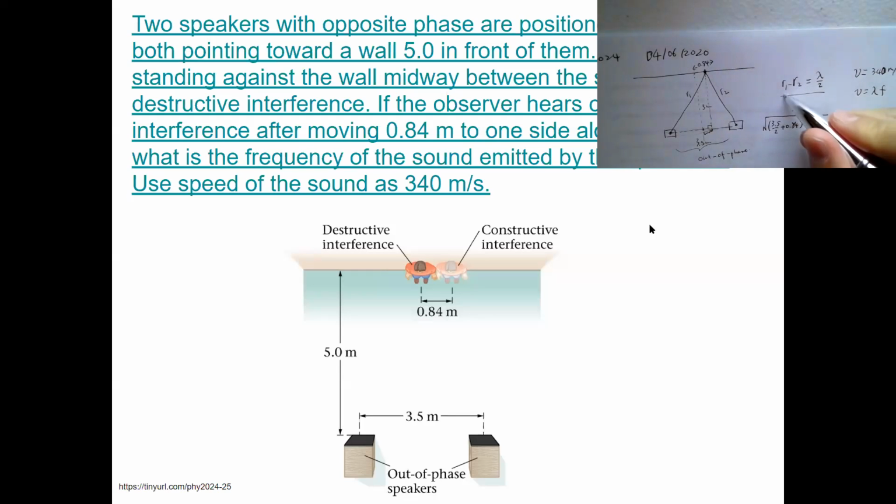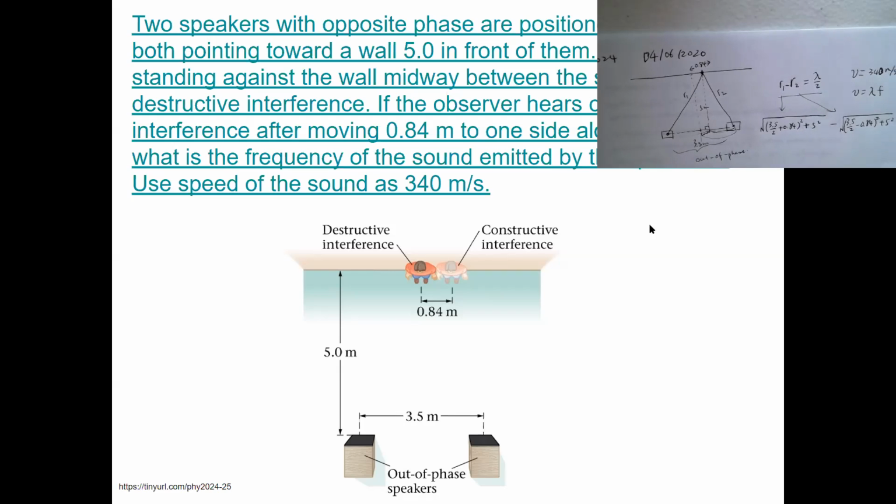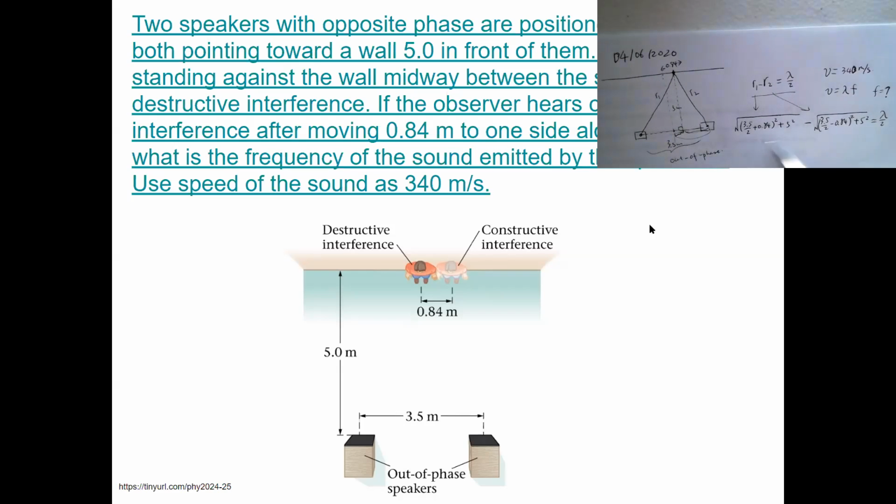Minus R2: the square root of, half of 3.5 subtracted by 0.84 to get this length, purely from geometry, squared, since R2 is the hypotenuse of this right angle triangle, plus 5 squared, equals half lambda.